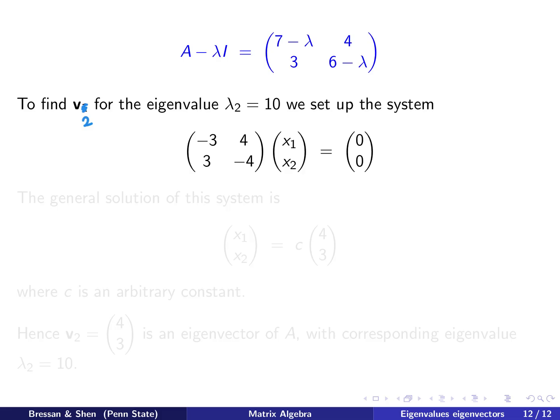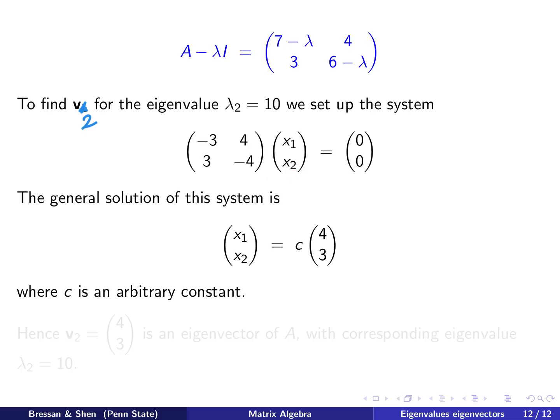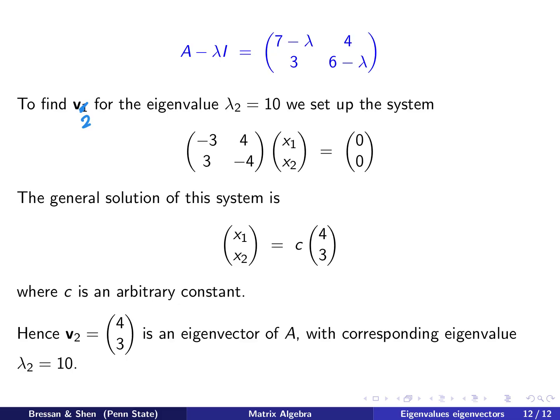So you basically have the relation 3x1 equals 4x2. The general solution for this system would be (4, 3) multiplied by c, which is an arbitrary constant. So this could be the eigenvector for this lambda 2. We now conclude that this v2 is an eigenvector of A with corresponding eigenvalue lambda 2 equal to 10.